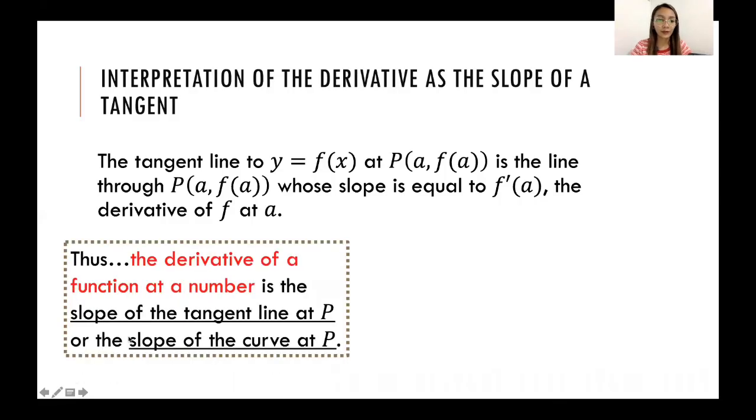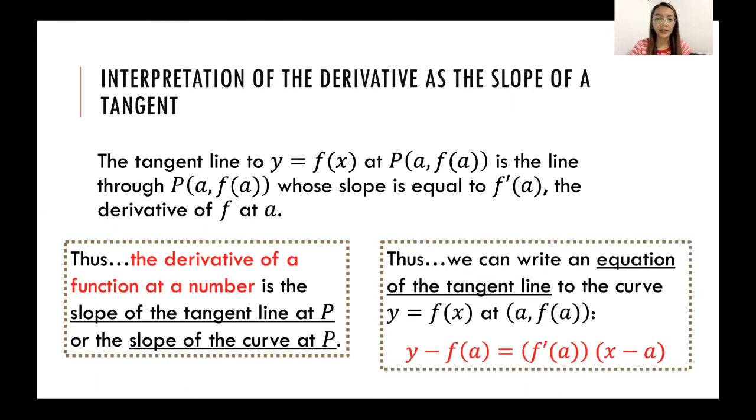Thus, the derivative of a function at a number is the slope of the tangent line at P, or the slope of the curve at P. Thus, we can write an equation of the tangent line to the curve y equals f of x at (a, f(a)) as y minus f of a is equal to f prime of a times x minus a.